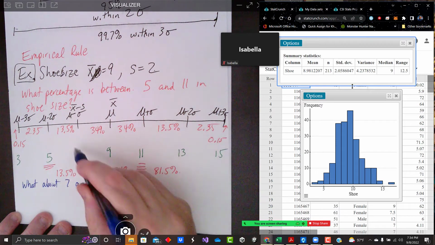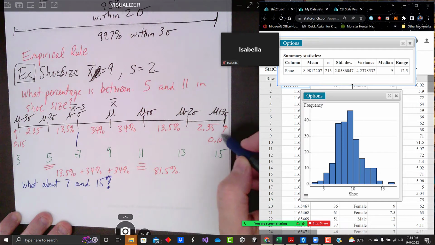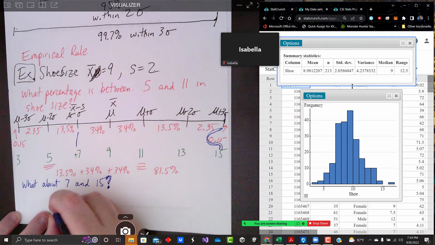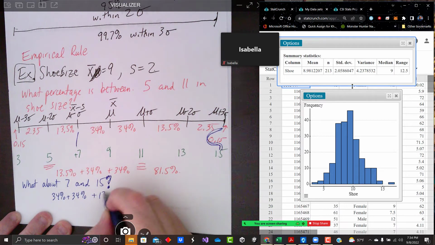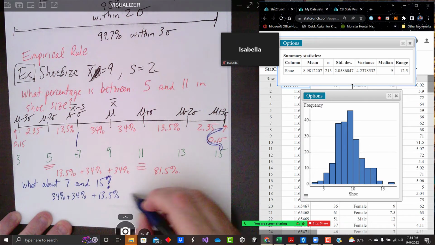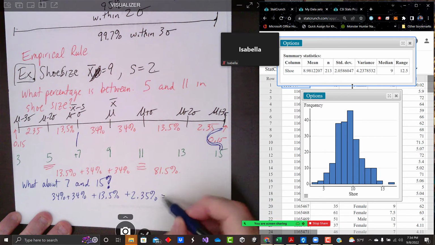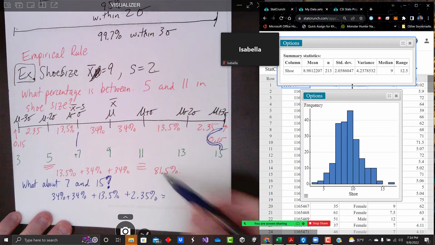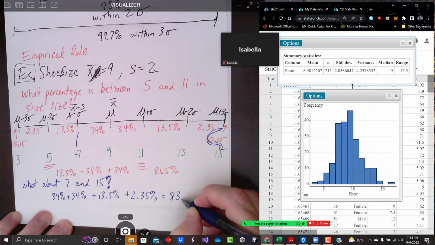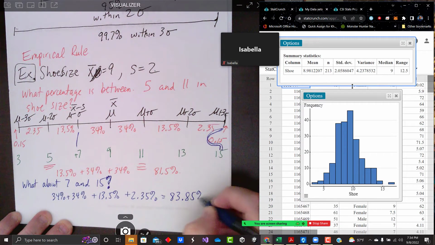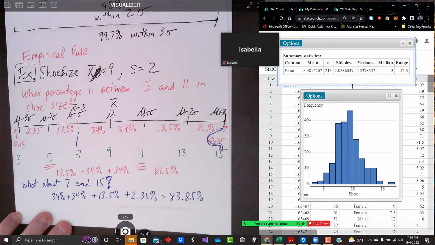Well, 7's here and 15's here. I don't want to include that 0.15. It's in the last group. So here I'm adding up 34% plus 34% plus 13.5% plus 2.35%, which should be 83.85%. They might ask you questions like that.